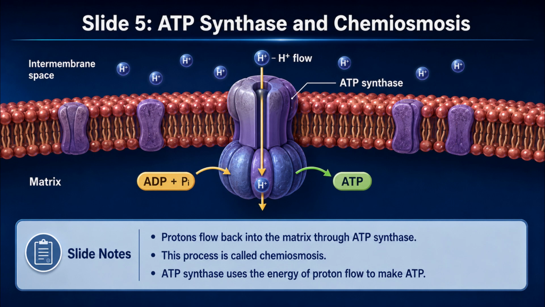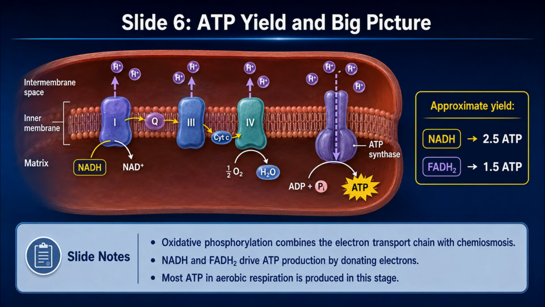This rotation changes the shape of the catalytic regions of ATP synthase. The enzyme then combines adenosine diphosphate, or ADP, with inorganic phosphate to produce ATP. The movement of protons through ATP synthase and the resulting production of ATP is called chemiosmosis.